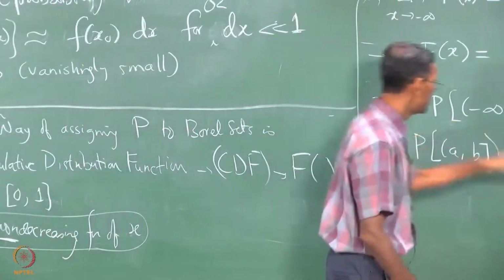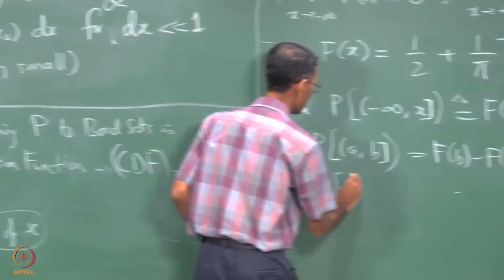Okay. What about the probability of the isolated point a itself?